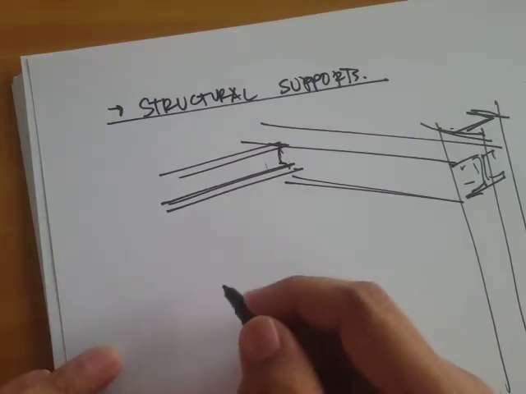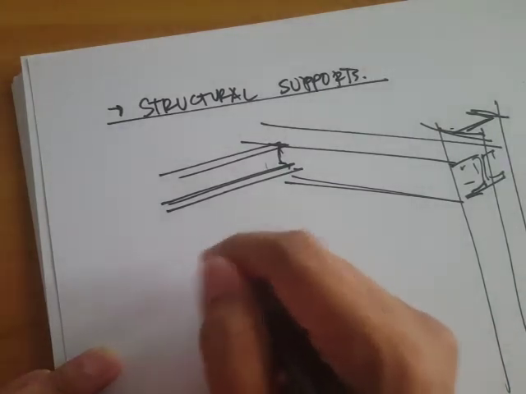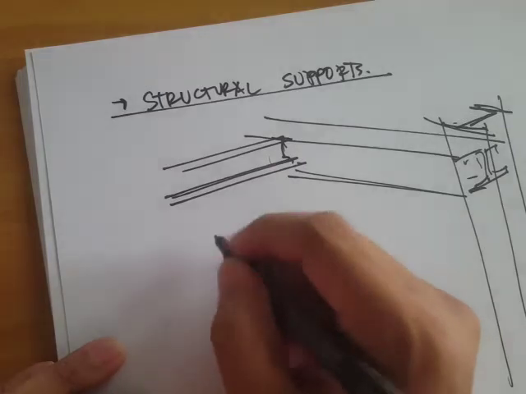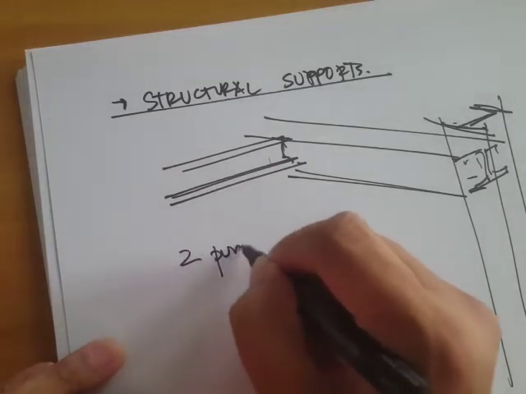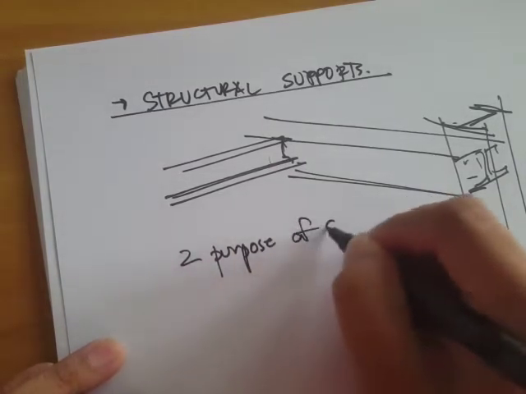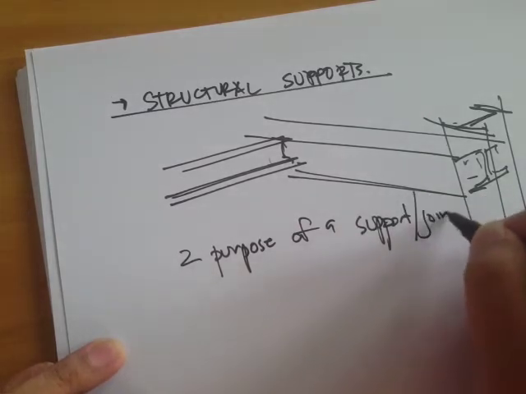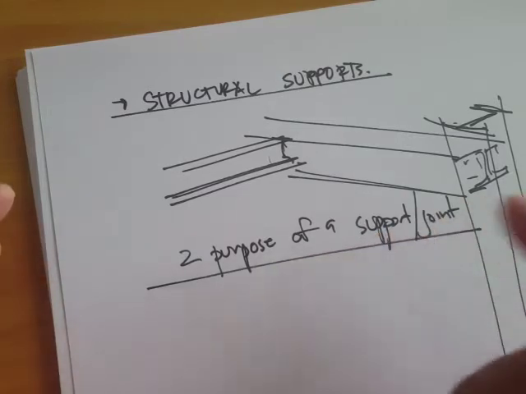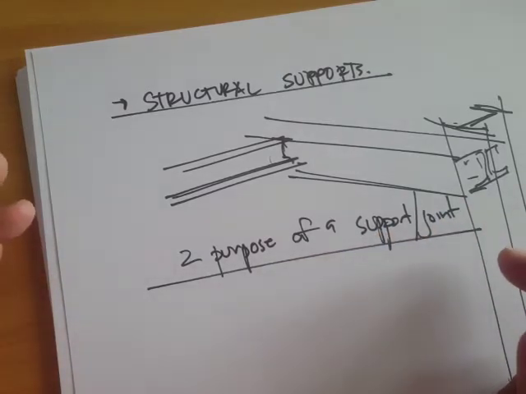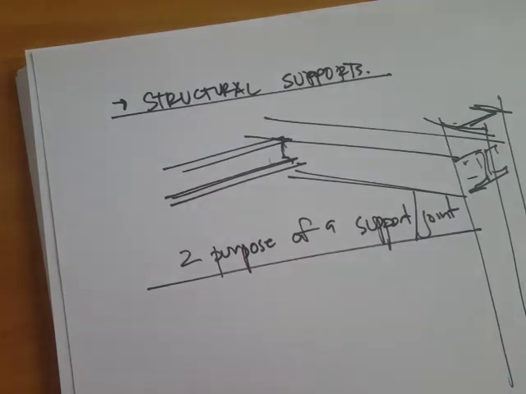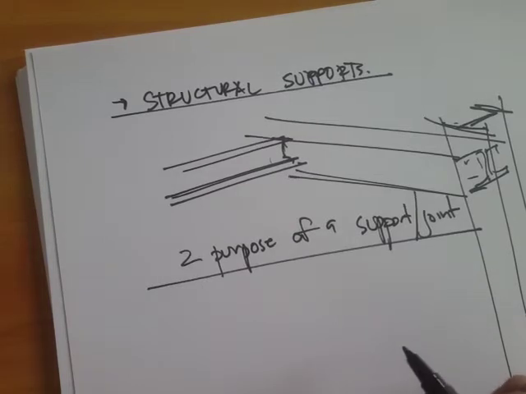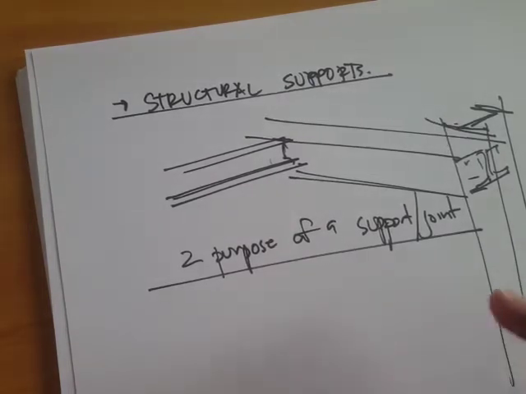Okay, so we have two purposes of a support. Support or joint. When we say support, usually that's the ends, and when we say joint, it also includes the internal release or something like that.